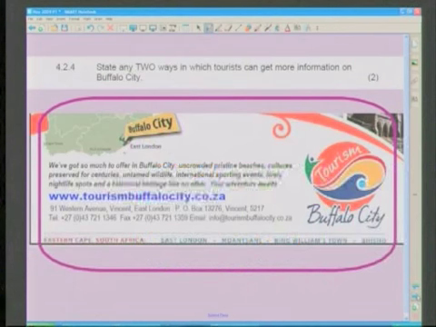The next question, which is 424, state. Very important. We must look at the verbs at the beginning of every question. They tell us exactly what we need to do and to what extent we need to go in order to answer a question.